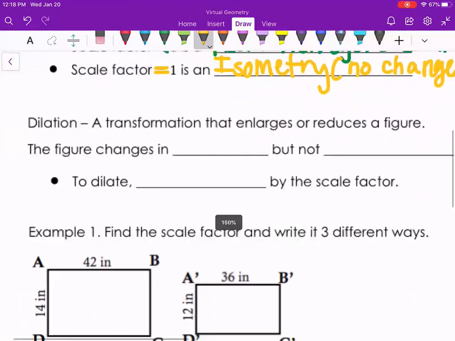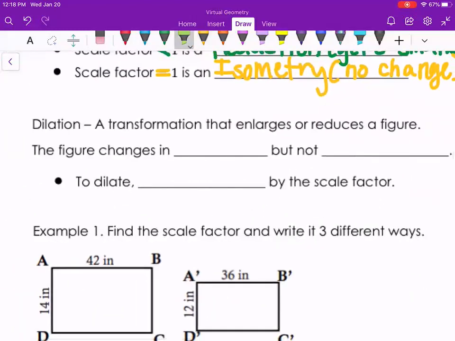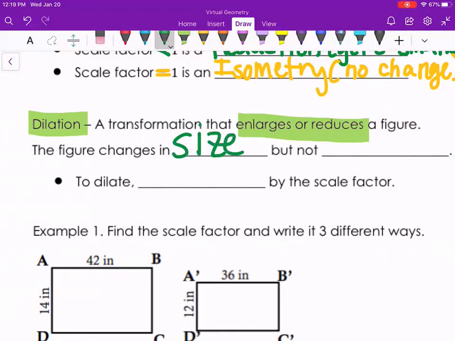To sum things up, a dilation is a transformation that either enlarges or reduces. Our figures can change in size, but never in shape. A triangle will still look like the same kind of triangle. It's just going to be bigger or smaller.